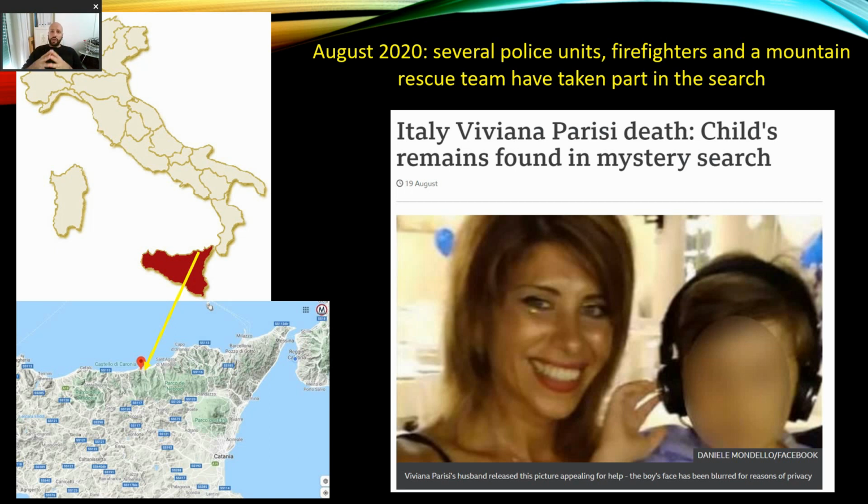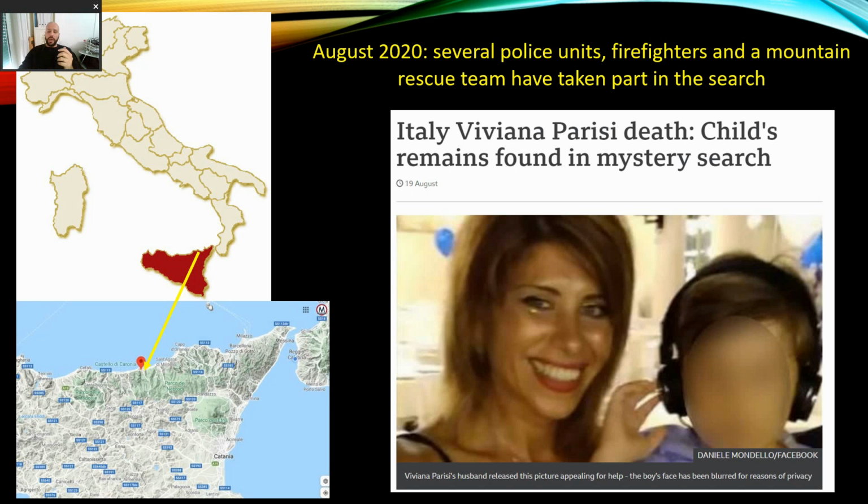They found the body of the mother first after eight days, and the child after 14 days, spending a lot of time and a lot of resources, with these two bodies unfortunately completely dismembered by animals because they had disappeared in the middle of the countryside of Sicily.